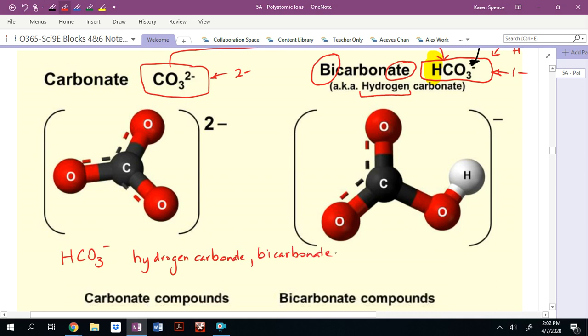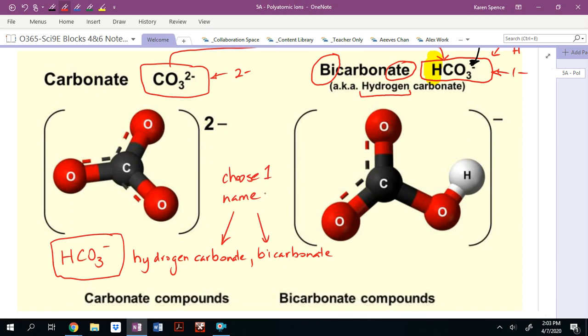So if you have a compound that contains this HCO3 minus ion, you get to choose one name. Don't give it both names, okay? You're either going to use hydrogen carbonate or you're going to use bicarbonate.